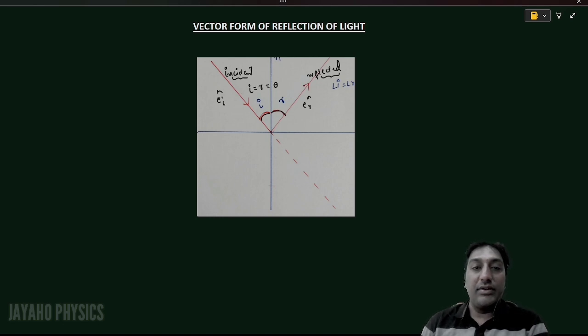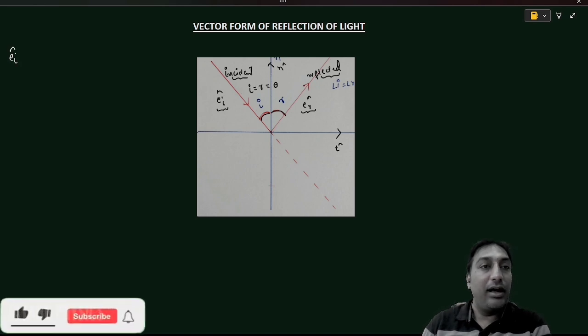So this is e suffix of I cap and this is e suffix of R cap. Here I am taking T cap as the unit vector along the tangent, and N cap. What do you mean by e suffix of I cap?